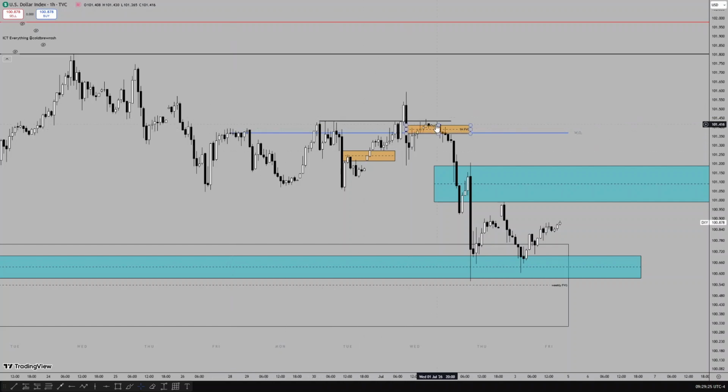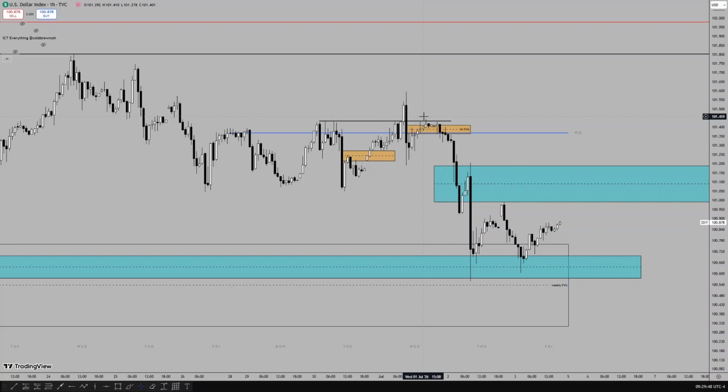Now it's ready to retrace lower to the daily fair value gap. Although there's a low probability around counter trend, all in all, the trade idea still has a high win rate, combined with a continuation trade or a counter trend like this example.